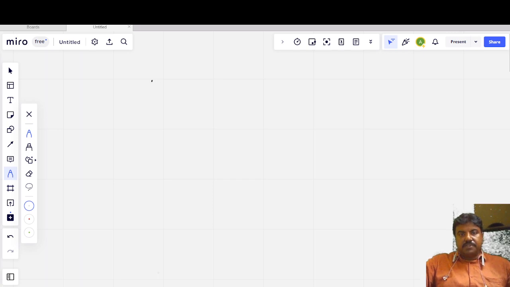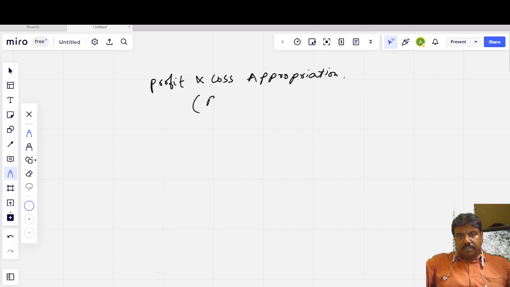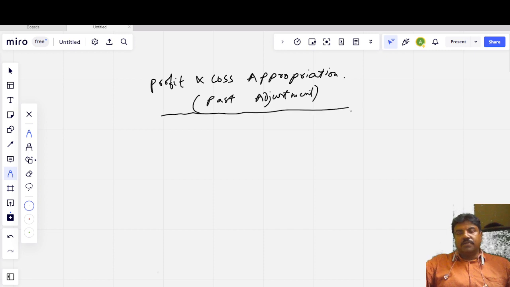So the chapter is profit and loss appropriation, and the part is past adjustment. This part is very important even for your exam. In CBSE and in ISC also, questions often come from this area, past adjustment.